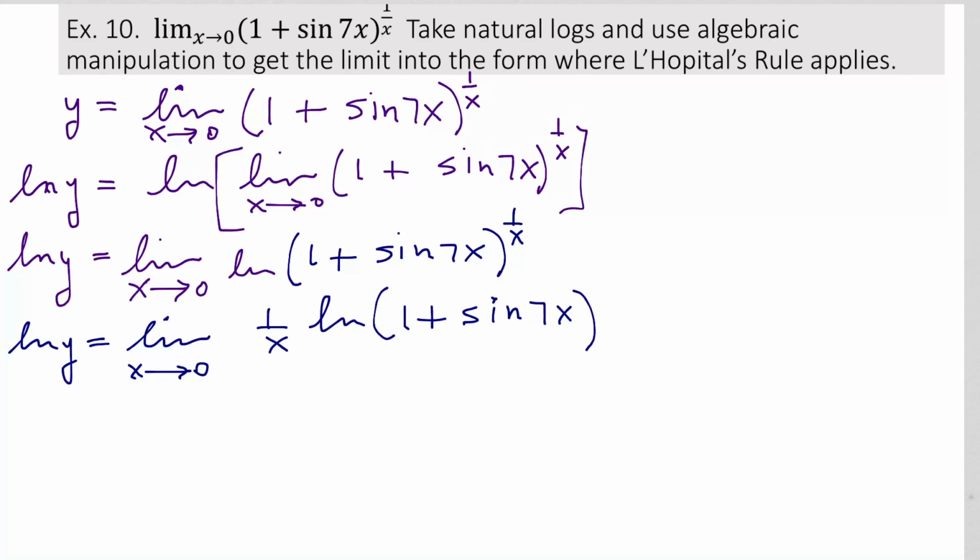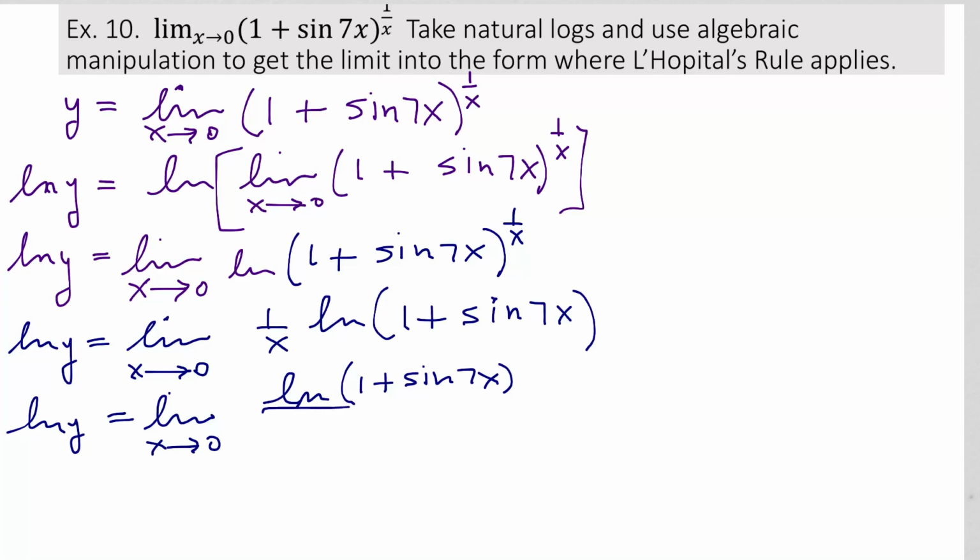All right, so that can be written with this x underneath, and it'll already be in a quotient format. So this ln part is your numerator, and the x we can put down here as the denominator. That's an equivalent form.